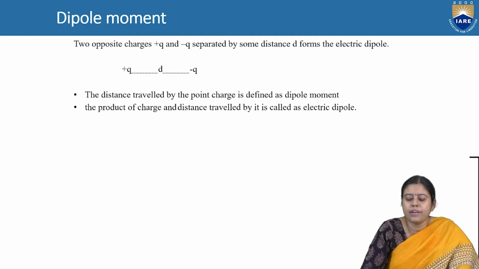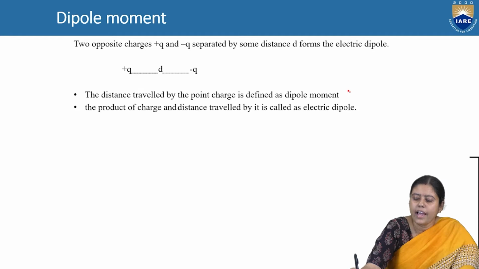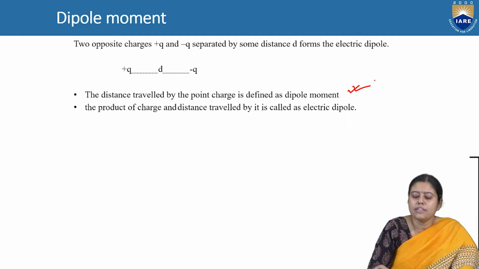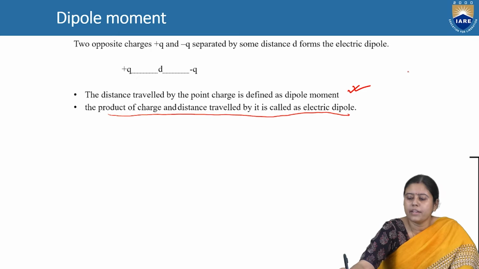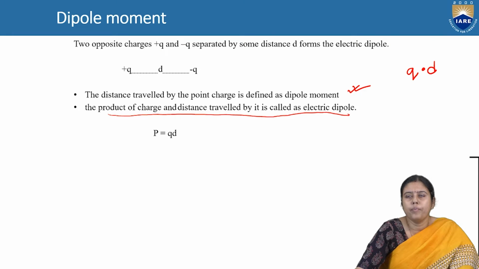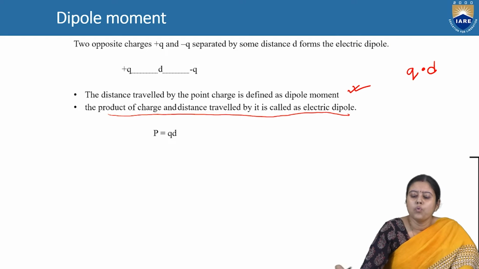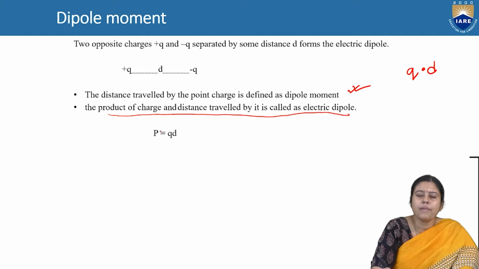The dipole moment is the product of the charge and the distance between them. So P is equal to QD. We are just taking the magnitude, not the direction.